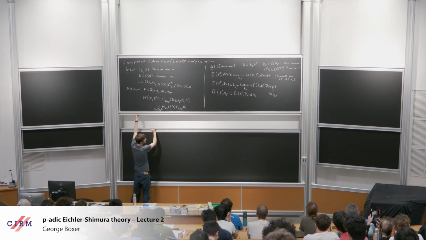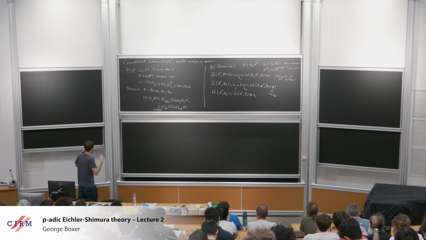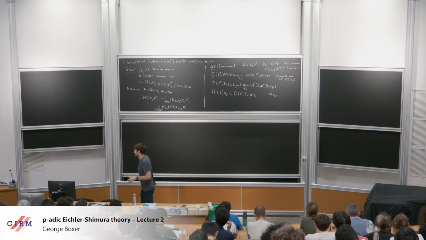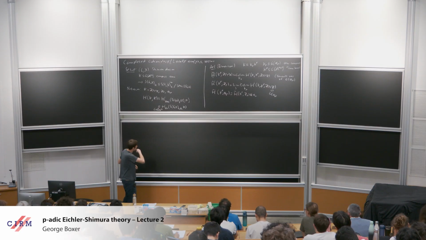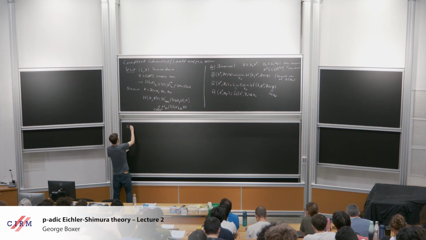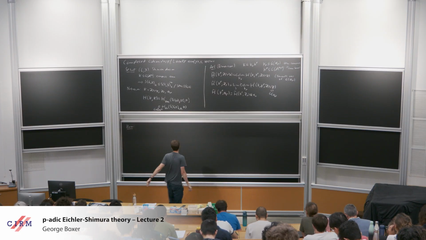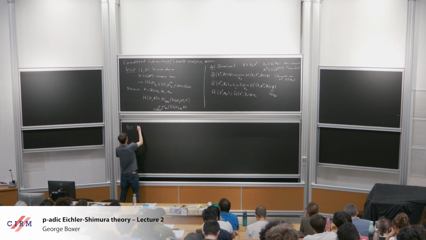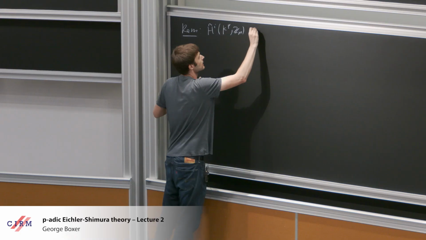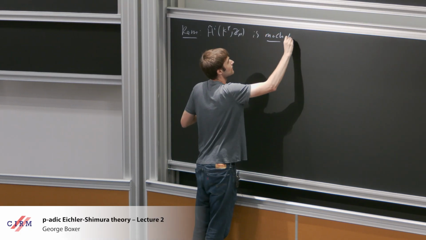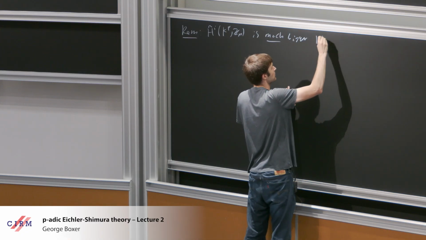So I want to say a few basic things about this definition before I start explaining some of its properties, and this is especially for people who have never worked with this object before. So let's make some remarks. First of all, when we define this thing, the order of the limit really matters. The completed cohomology with Z_p coefficients is much bigger than the other thing, where maybe I'll introduce a notation for it.